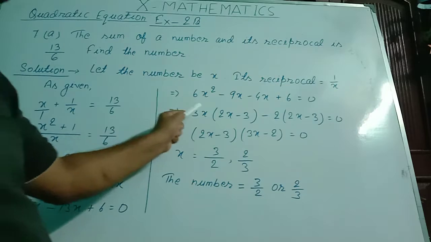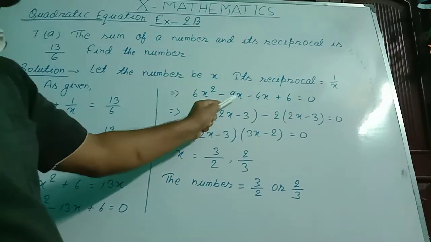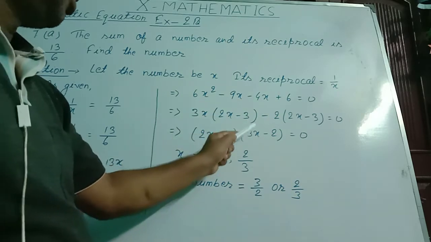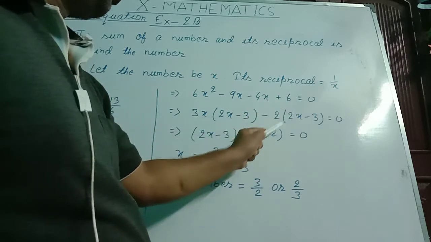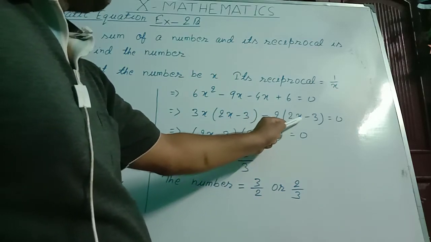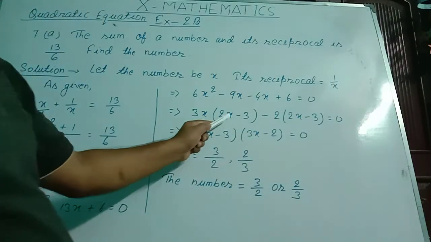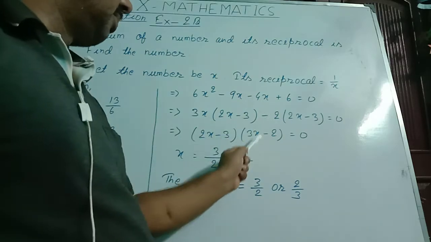Now from the first two terms, common is taken, that is 3x. If you take common 3x from these two terms, then 2x minus 3 will be left inside the bracket. And again we have taken 2 as common from the second two terms, then inside the bracket 2x minus 3 will be left.